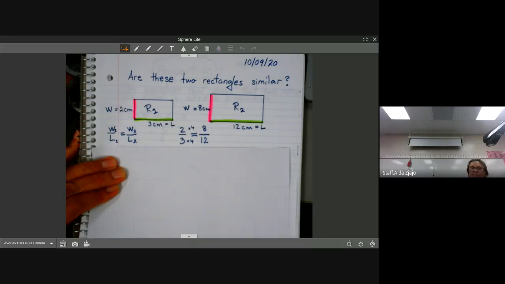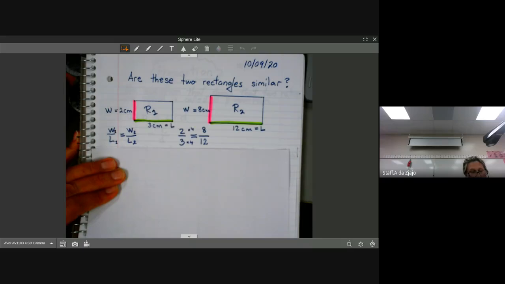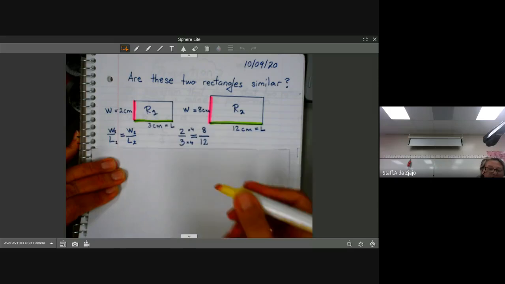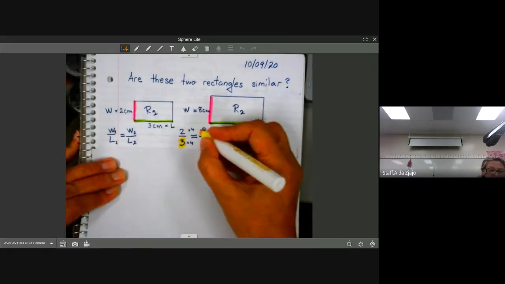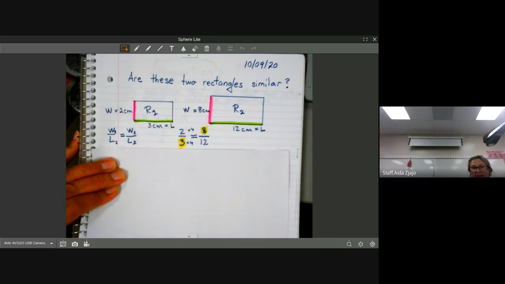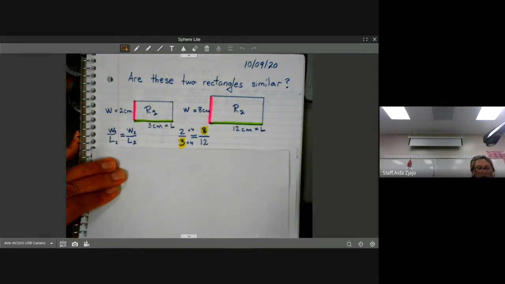There's also a trick, another way of checking it. When you cross multiply, you have to get the same number. So look, I have 3 here, and if I multiply by 8, what is 3 times 8?